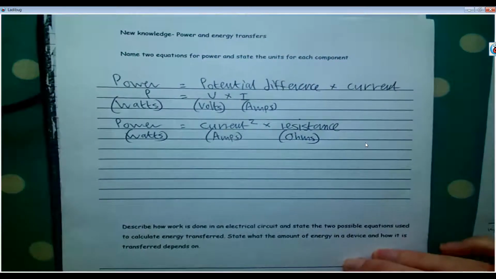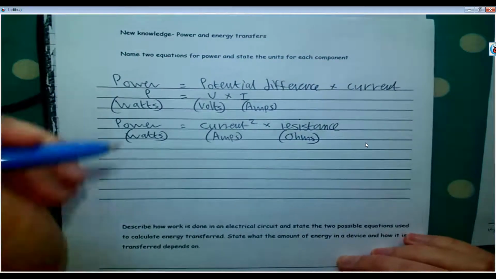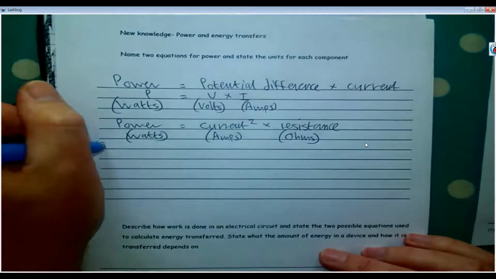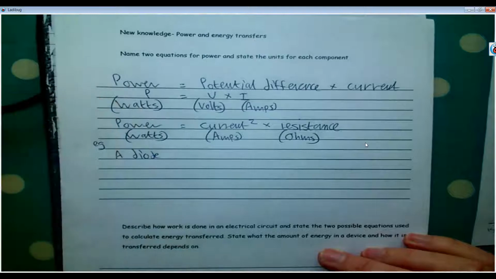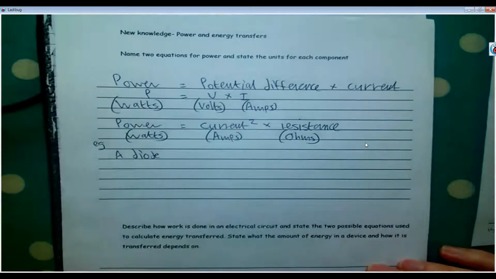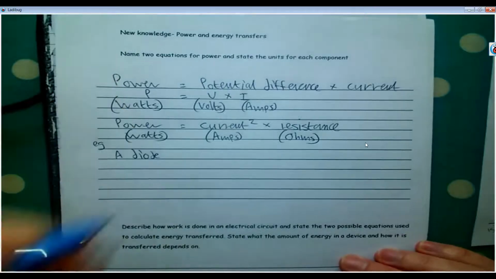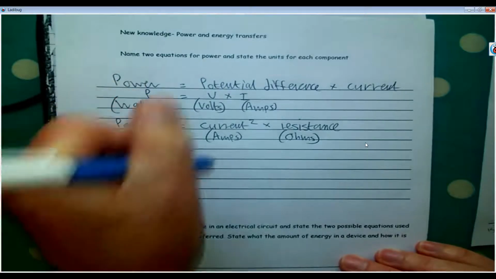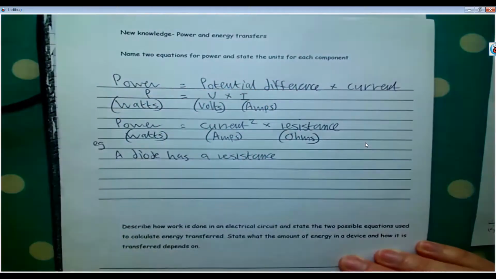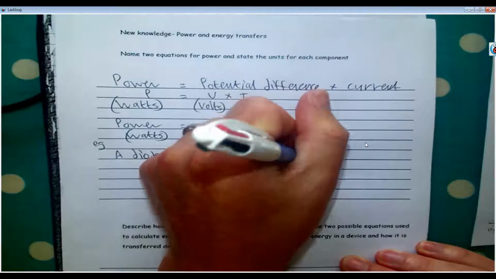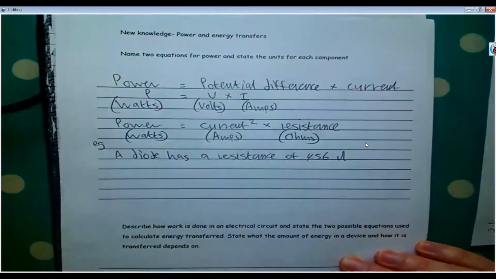So a little example for you here of a type of past paper question. A diode, and we know what one of those is from previous, they only allow current to flow easily in one direction. A diode has a resistance of 456 ohms.